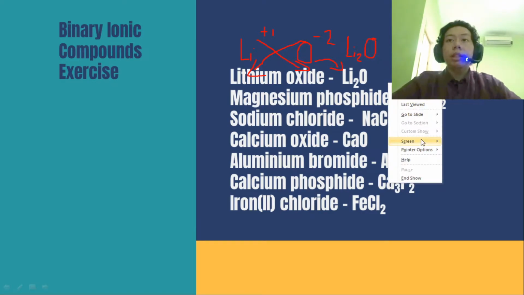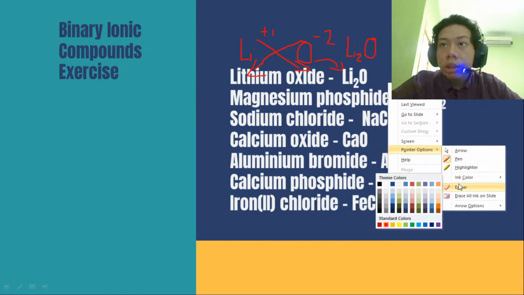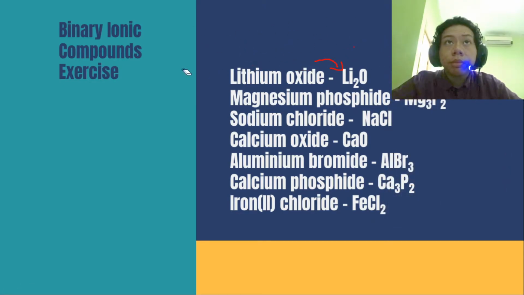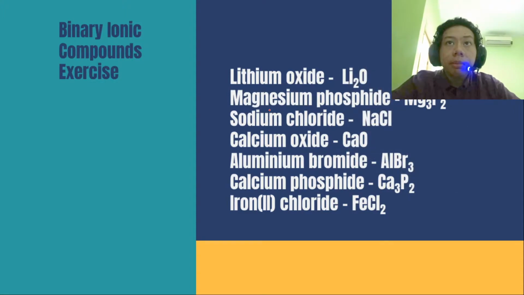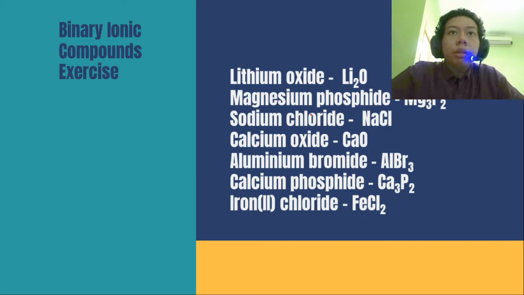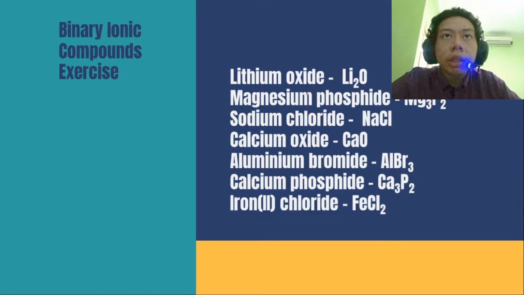Okay, let me erase this. So next question is magnesium phosphide. Magnesium is Mg. Phosphide from the word phosphorus is P. Symbol is P. So second thing to do is to determine the net charge.